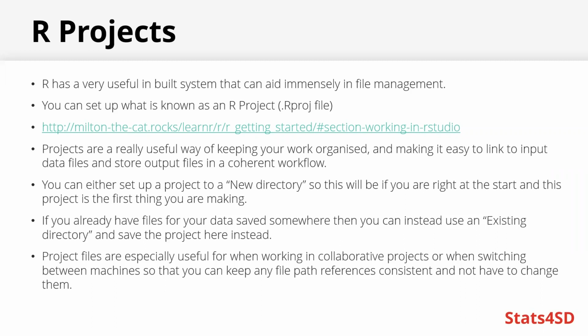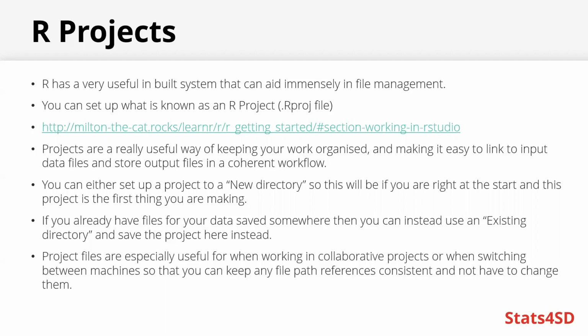Without a project file, you might have your scripts and data in different places on the machine, which means you have to keep updating the file paths that import your data into R each time, or it might be saved on, say, a Dropbox, in which case it's using somebody else's name.